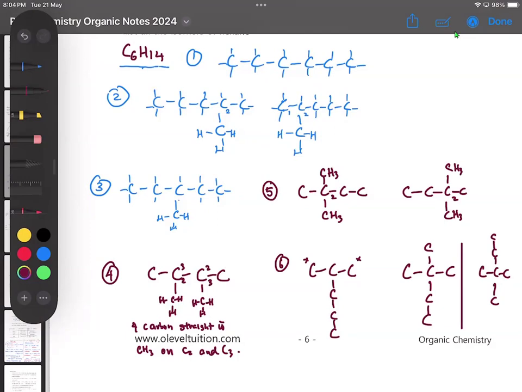Can I give you all 30 seconds? Look at the structure. Look at the concept of the longest chain, and ask yourself, fundamentally, the two structures that I've drawn, 6A and 6B, are actually already drawn from structures 1 to 5.